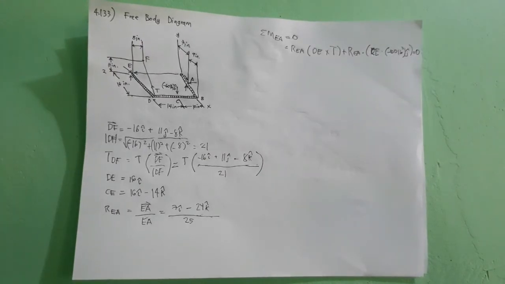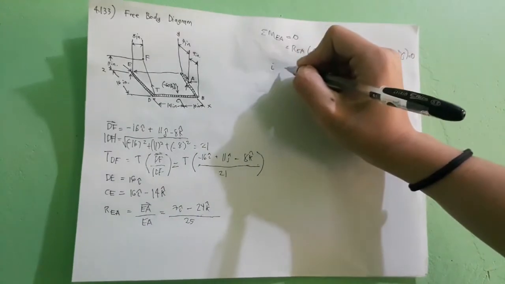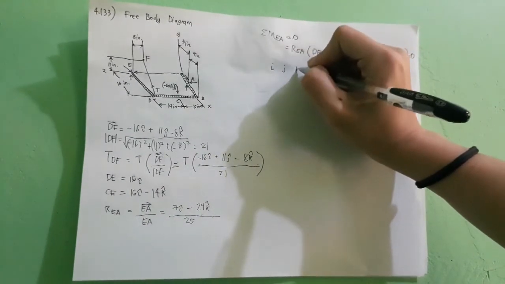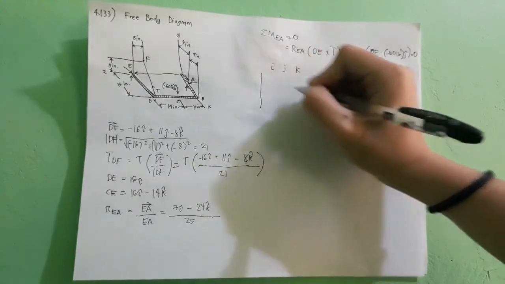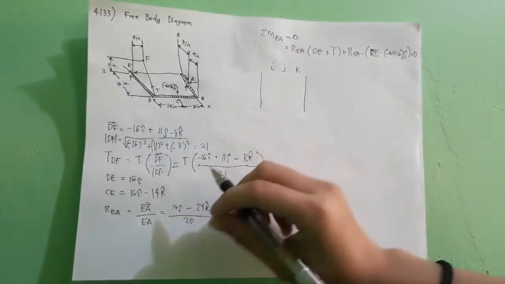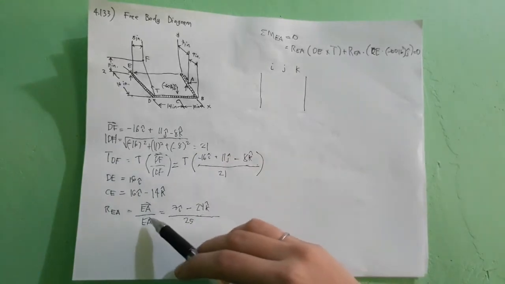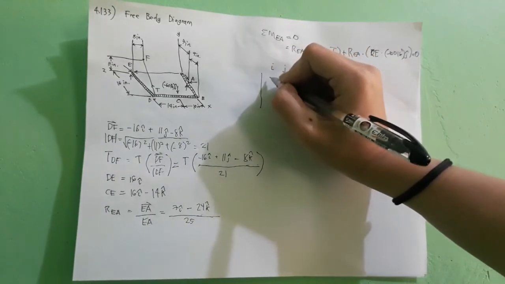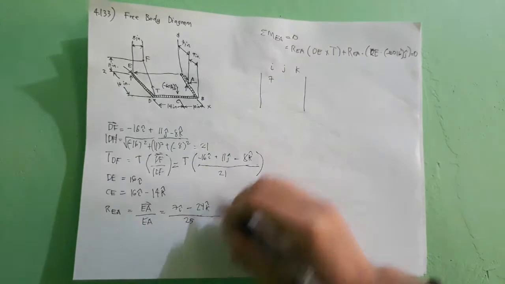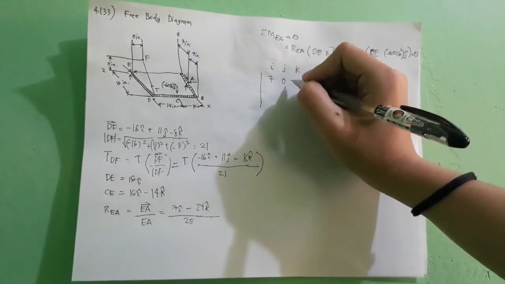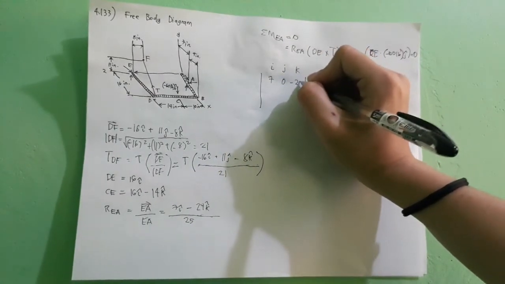Next we have to set up the matrix of the points i, j, k for the DF and EA. First is the EA: 7, 0, negative 24.